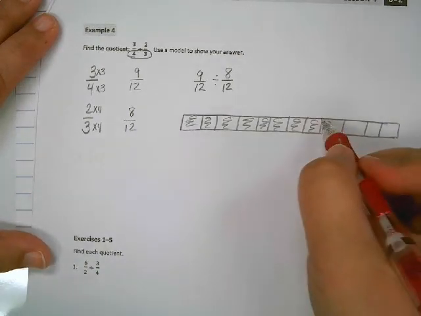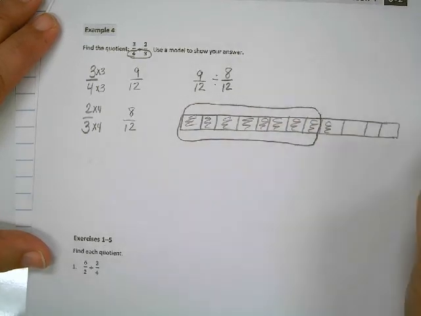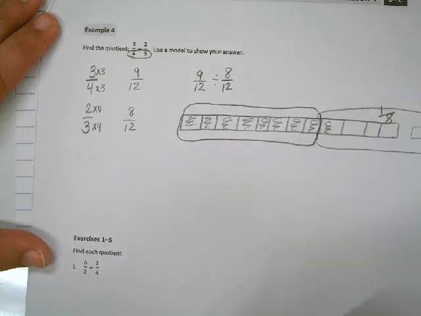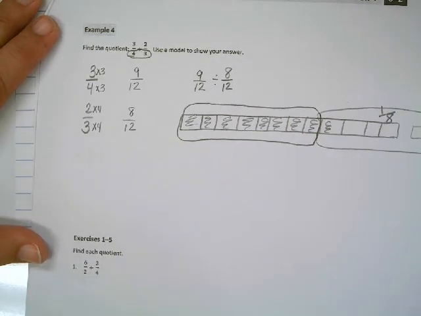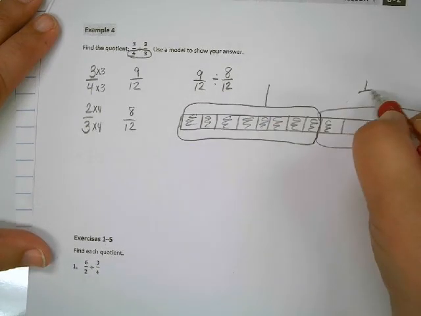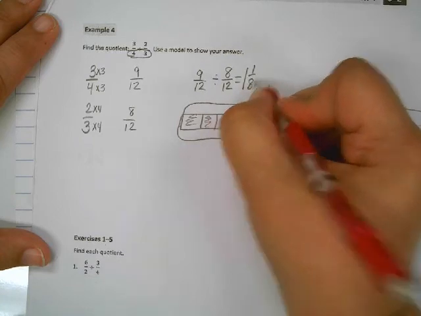I'm going to circle 8 of those. And then I don't have 8 more to circle, but if I would have to have more over here, I'm only circling 1 out of those 8 that I was circling in my original group. So I have one whole group and then 1 out of 8 of my other groups. So my answer is 1 and 1/8.